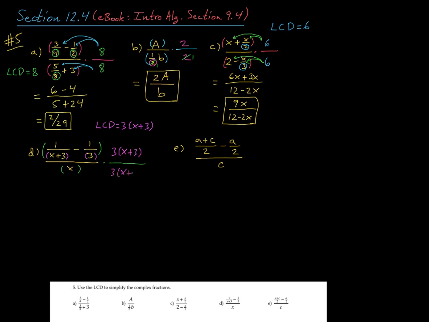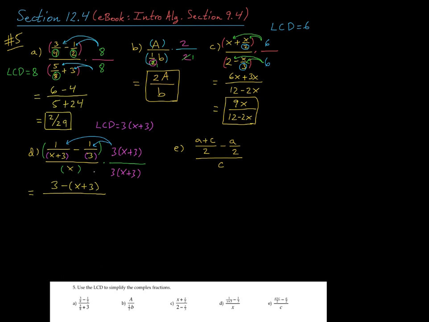When we go ahead and distribute the LCD to each term up here in the numerator, we're going to get what? Well, the 3 times x plus 3 will distribute, and notice this x plus 3 and this x plus 3 will cancel, and we'll be left with just this 3 left over, right? That's nice. And then when you distribute here, you're going to lose the 3's, and you're going to be left with x plus 3. Okay.